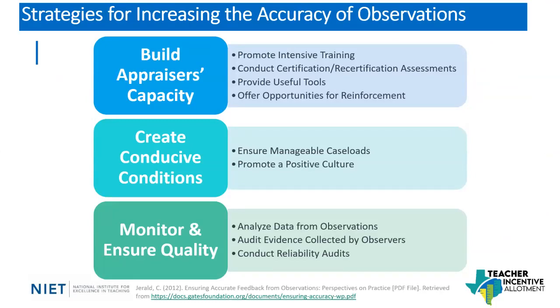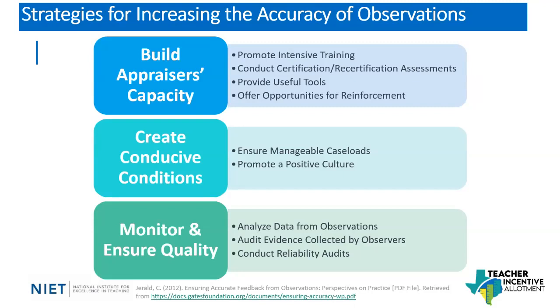This can be done by promoting intensive training, doing deep dives into the rubric and into observation and feedback practices. It can also be conducting certification and recertification assessments at the local district level. Provide resources and useful tools such as the TIA portal, and offer opportunities for reinforcement.